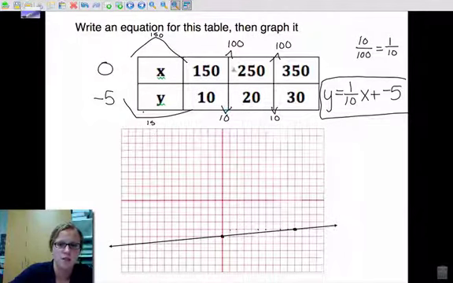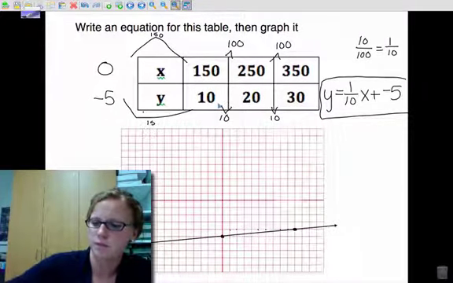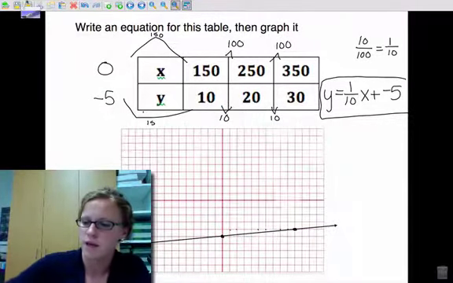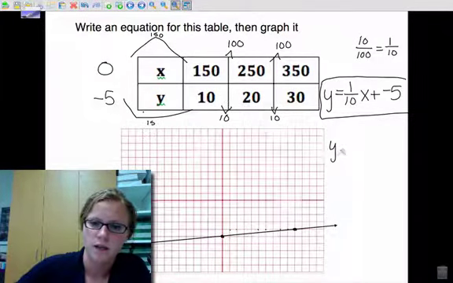Our rate of change is 10 over 100, so that reduces to 1/10. And then they can either go backwards to get to 0, negative 5, or again they can plug in a point. If I plug in a point here, we have y equals 1/10 x plus b, if we don't know it.